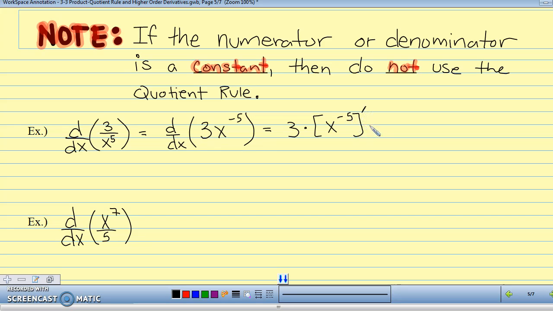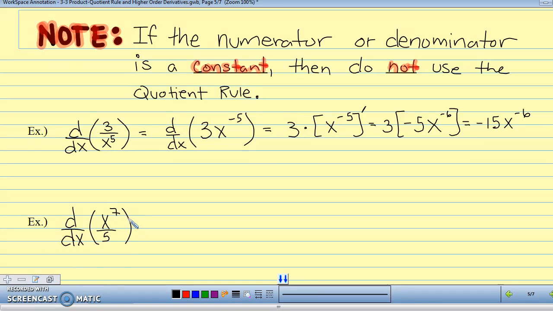If you bring that negative 5 to the front, and then subtract 1 from that negative 5, you'll get a negative 6. Keeping in mind that I can multiply this constant 3 to the derivative, that's negative 15x to the negative 6.